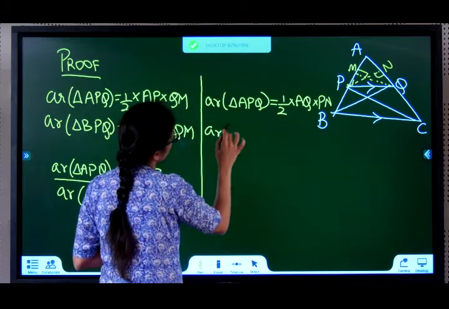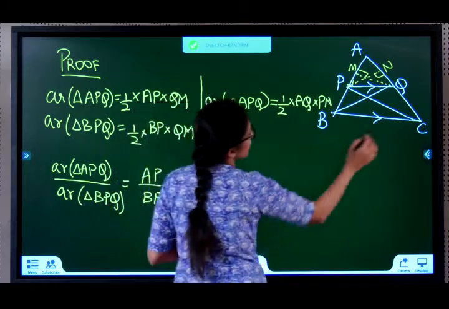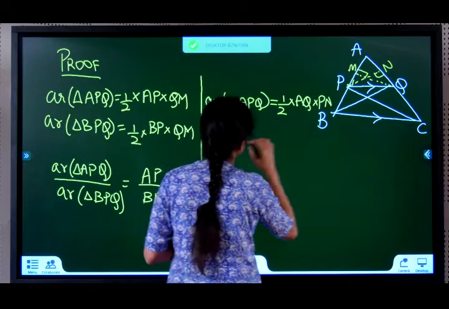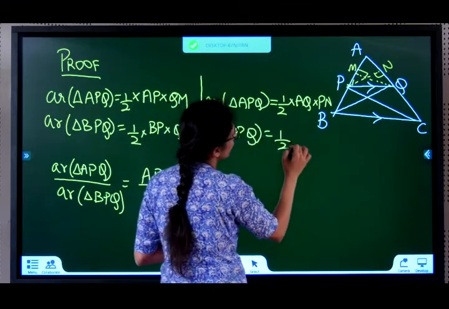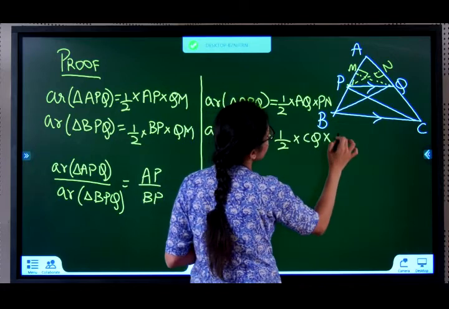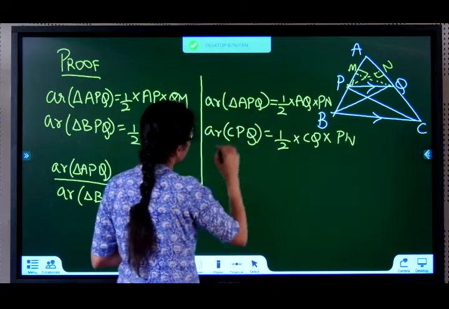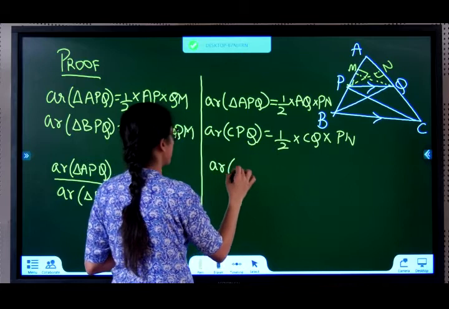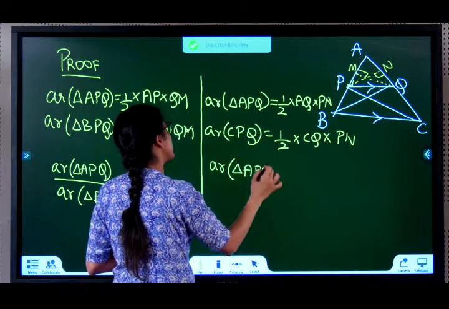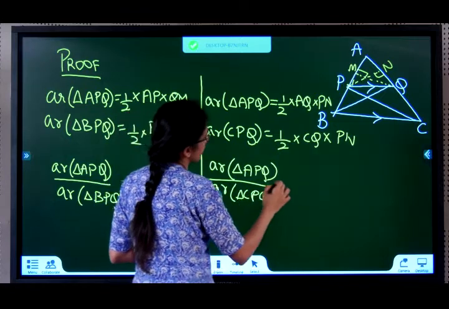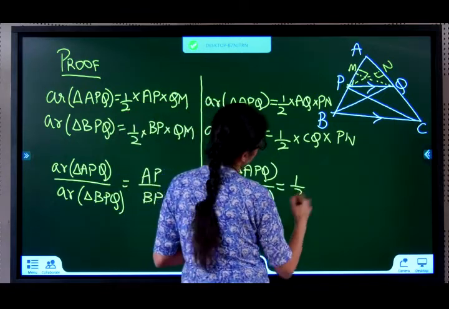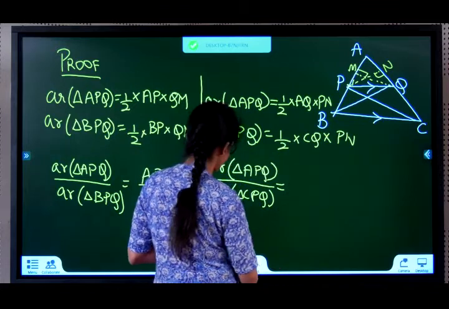And the other triangle, area of triangle CPQ is half into base CQ, height still PN. I divide these two. Area of triangle APQ divided by area of triangle CPQ is equal to, half cancels, PN cancels.